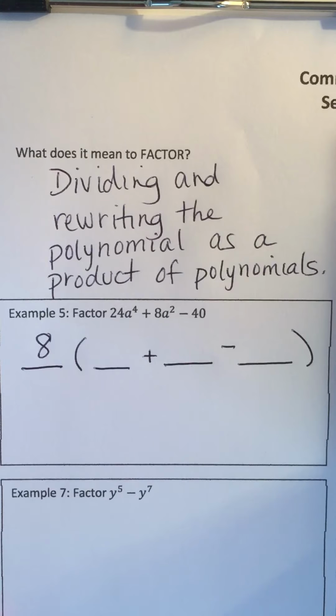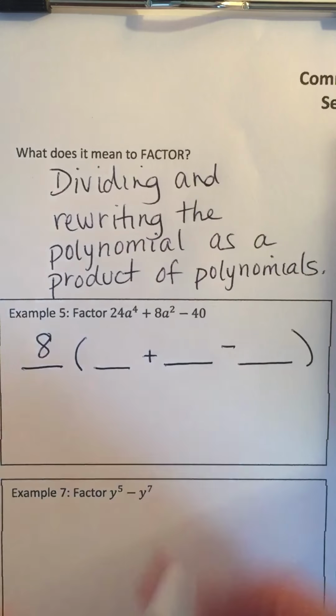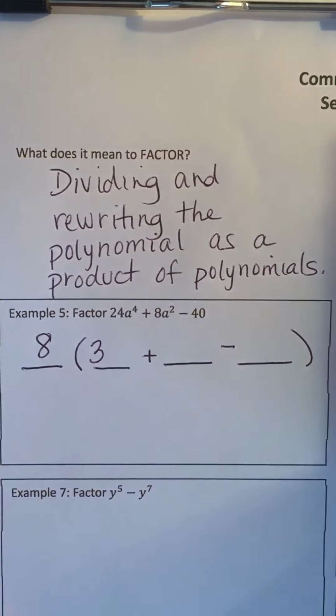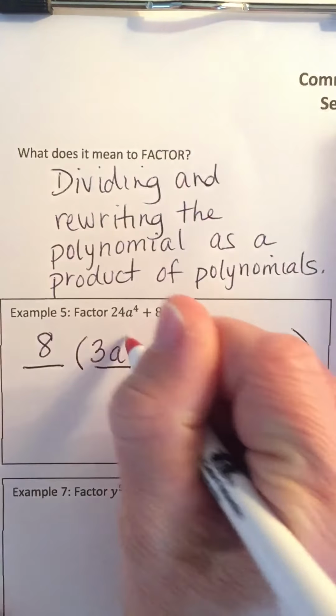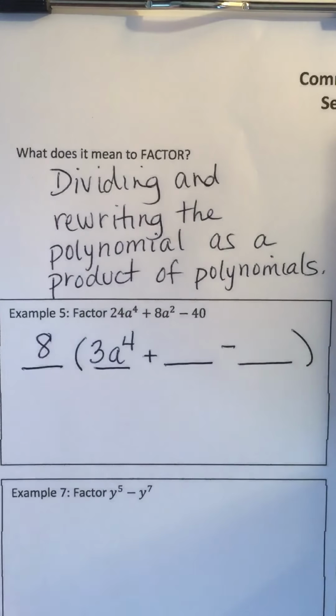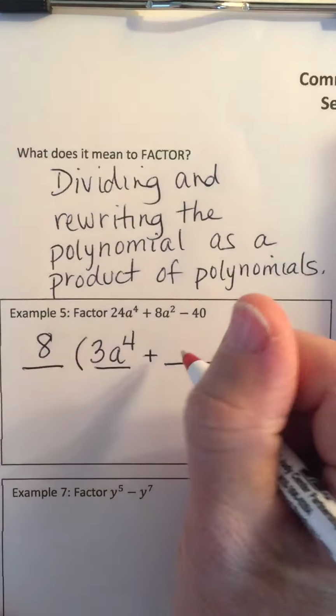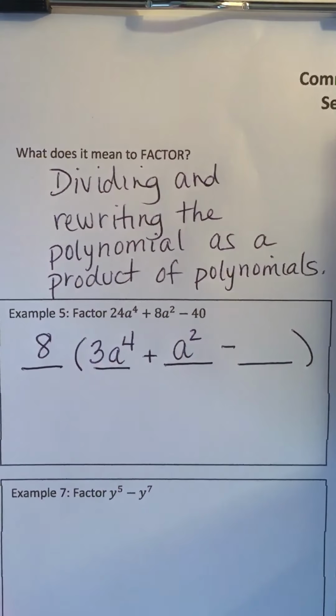Looking at the variables, there's an a to the 4th, an a squared, and then no variables. So there is not a variable we can factor out. 8 times 3 will give us 24, and we need that a to the 4th. 8 times 1 gives us 8, so we just need that a squared, minus 8 times 5 equals 40.